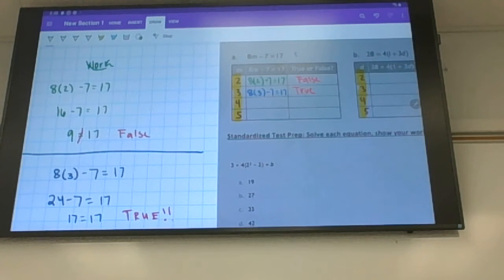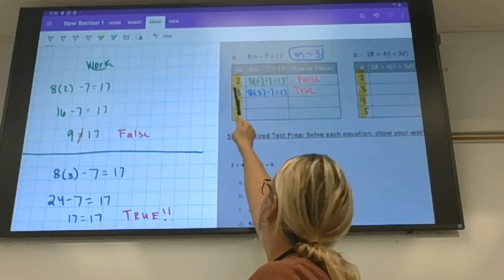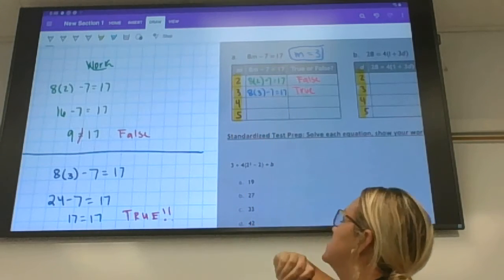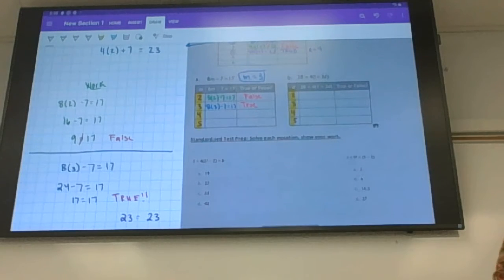So now we can determine that M equals 3 because our statement came out true. So from the solution set, or the replacement set, 3 belongs in the solution set. Okay, B looks a little more complicated, just a little bit longer. Any questions on letter A?